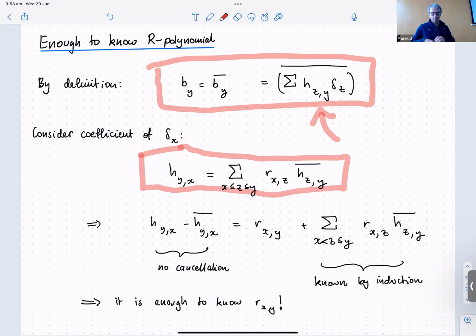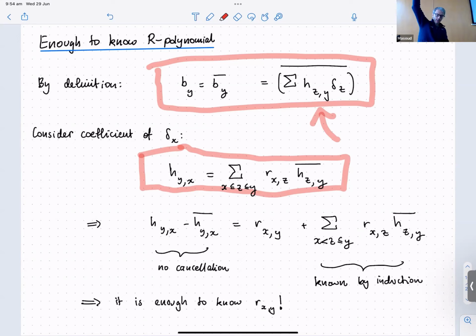And now, if you believe that you're starting from the top and working your way down, almost everything in this formula is known. A Kazhdan-Lusztig polynomial between some intermediate point and the top is known by induction, as is an R polynomial going down, because that's also a smaller interval. So the only missing term in this equation is R_xy, namely the one right up to the top.